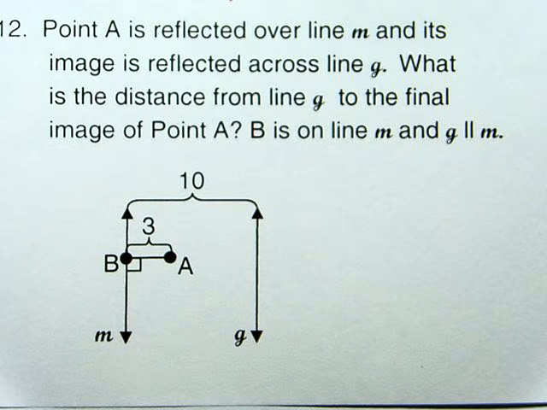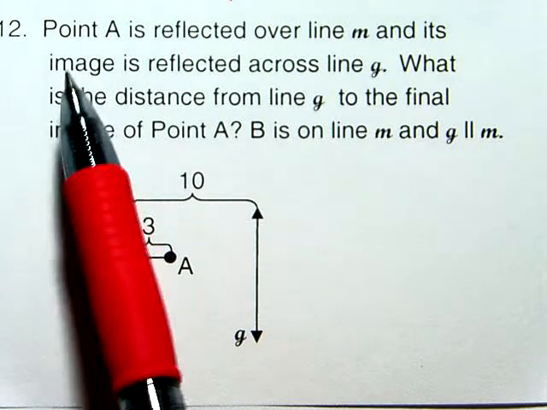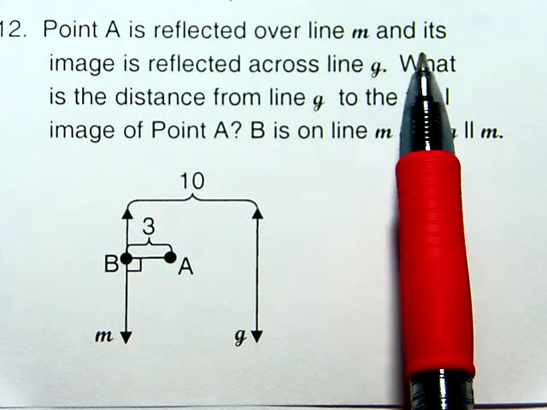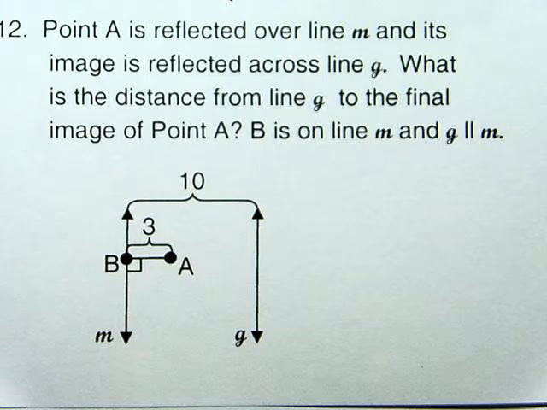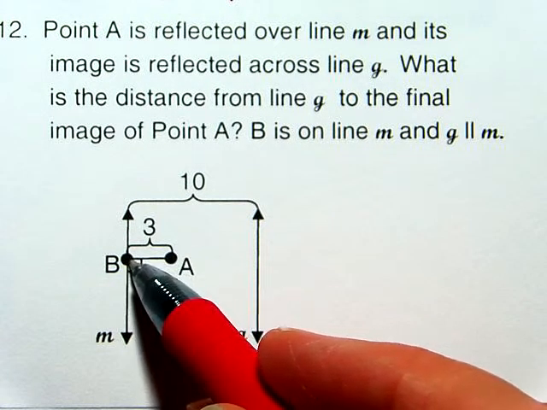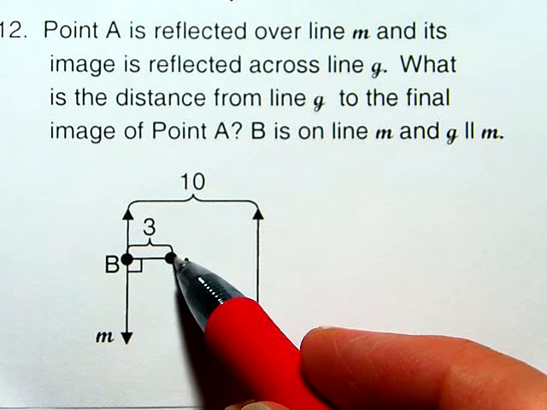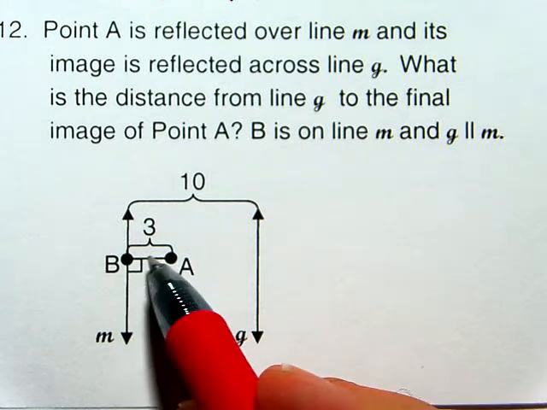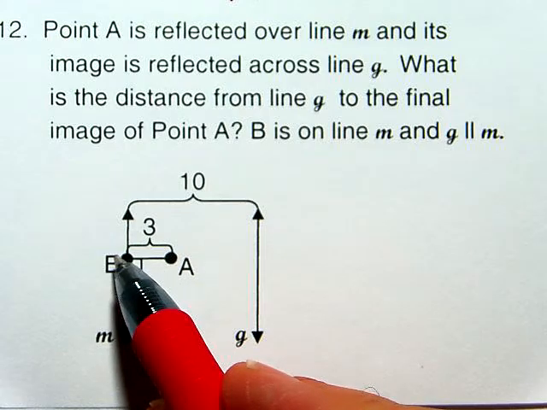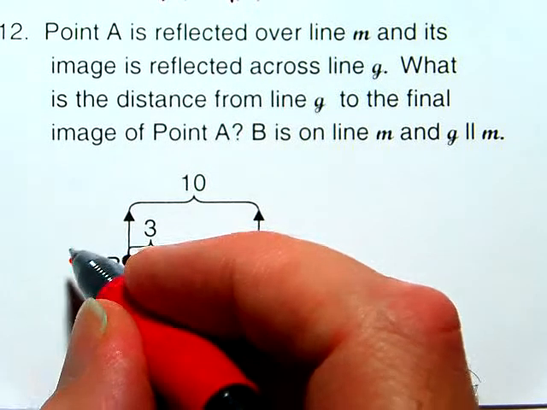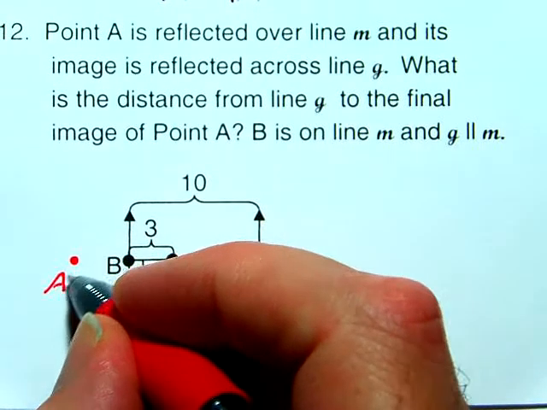So the first thing we're told is that point A is reflected over line M. Okay, so let's do that first. Point A is reflected over line M. This is line M. This is point A. Now, A on a perpendicular is 3 units to the right of M. So its reflection is going to be on the perpendicular 3 units to the left of M. So we'll call this A prime.